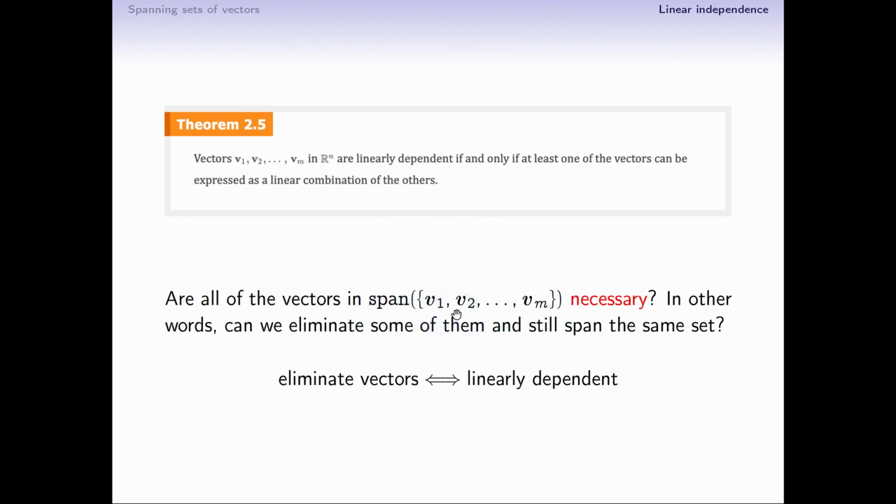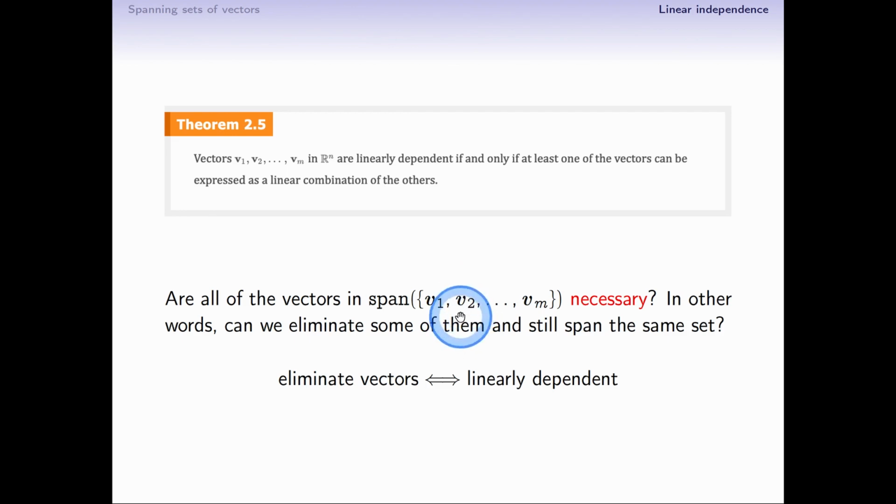Now, if you remember from a discussion that we had earlier, the vector v2 could be eliminated, for instance. It could be eliminated without destroying the span if and only if it's a combination of the others. So if I could write v2 in terms of the other vectors, then I could safely remove it from the span without reducing the span at all.